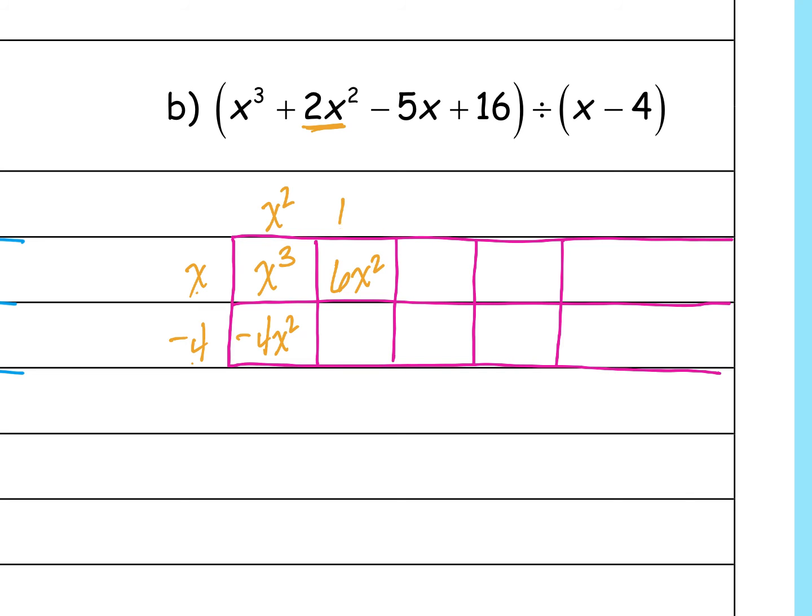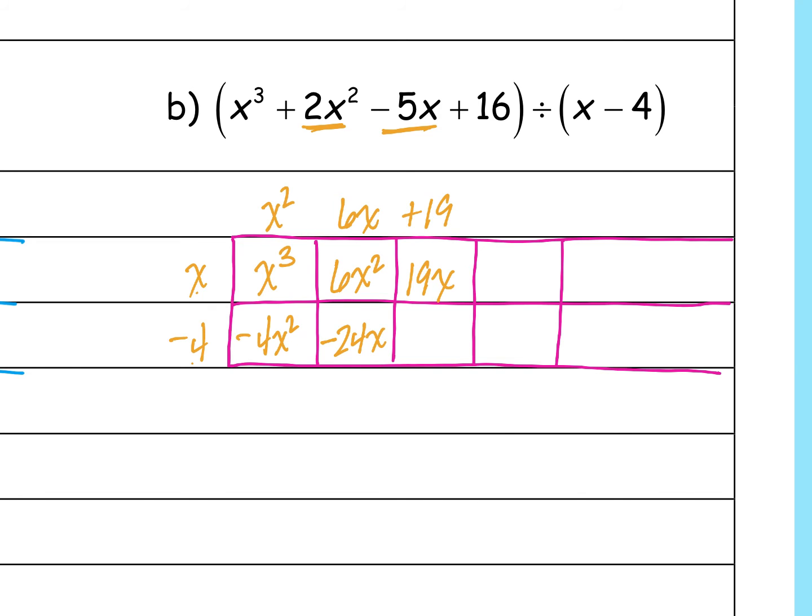Okay, x times 6x gives me 6x squared. And 6x times negative 4 is negative 24x. And now I want negative 5x, so 19x? Yeah, 19. So plus 19.